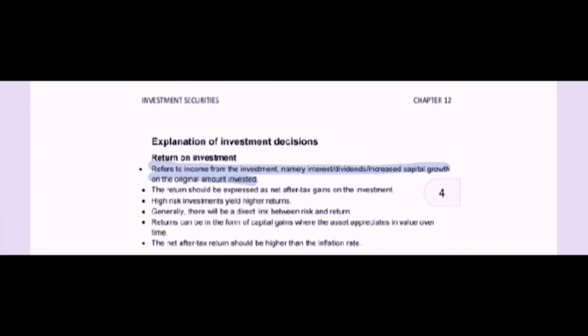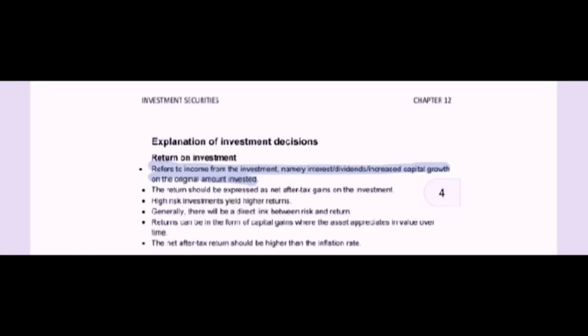Now we go to another level of the notes: explanation of investment decision. Number one, we have return on investment. We must know the explanation of the investment decision.